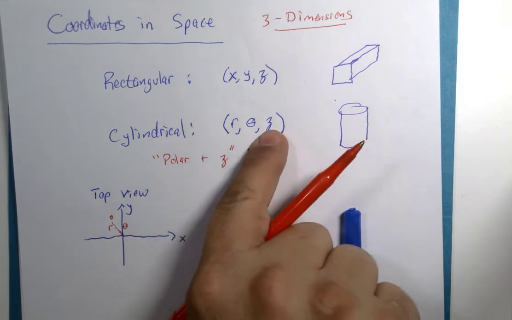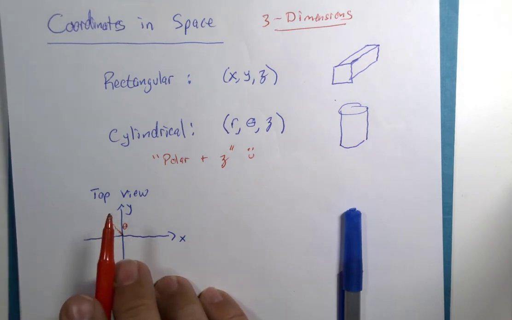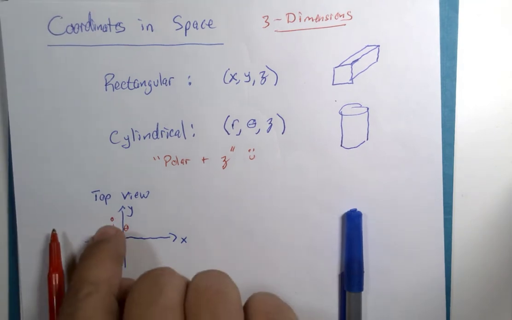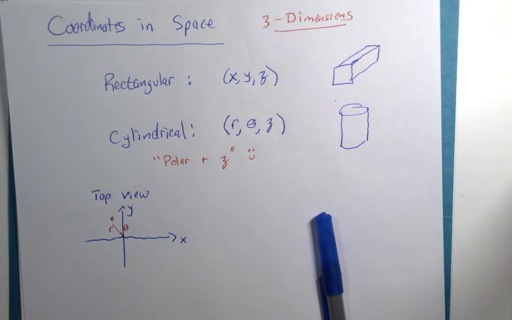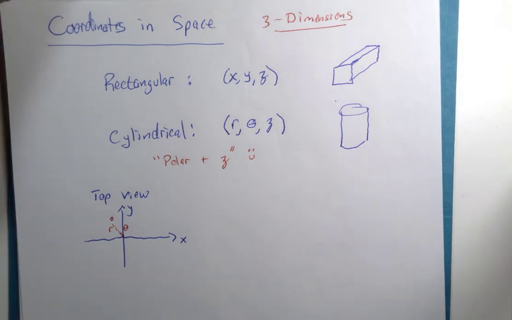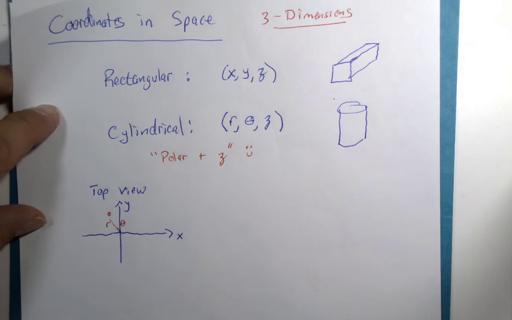And then if there was a z coordinate, it would just be measuring how far above the paper is that point, or how far below the paper is that point. Nothing more than that. It's pretty simple.